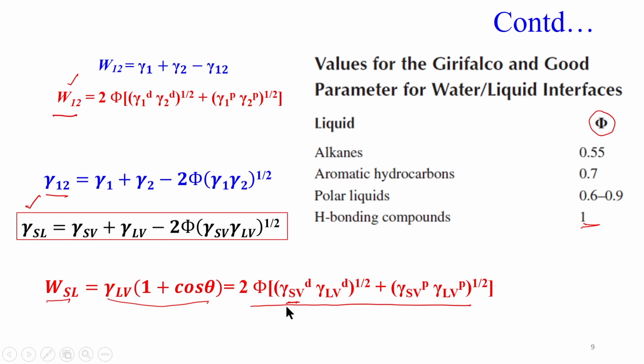Gamma SV dispersive and gamma SV polar we have to calculate. So, these are known, and only these are the two unknown parameters. As these are two unknown parameters, we require minimum 2 equations.